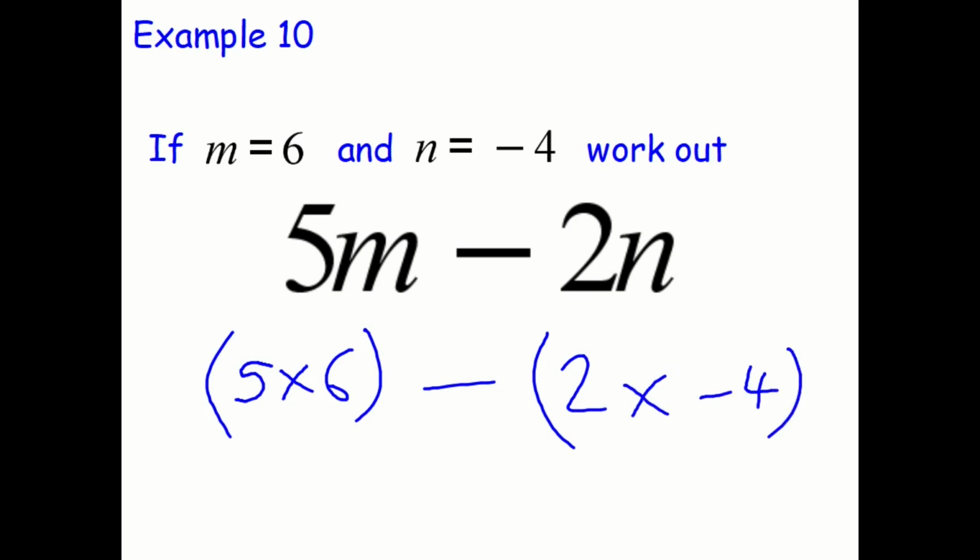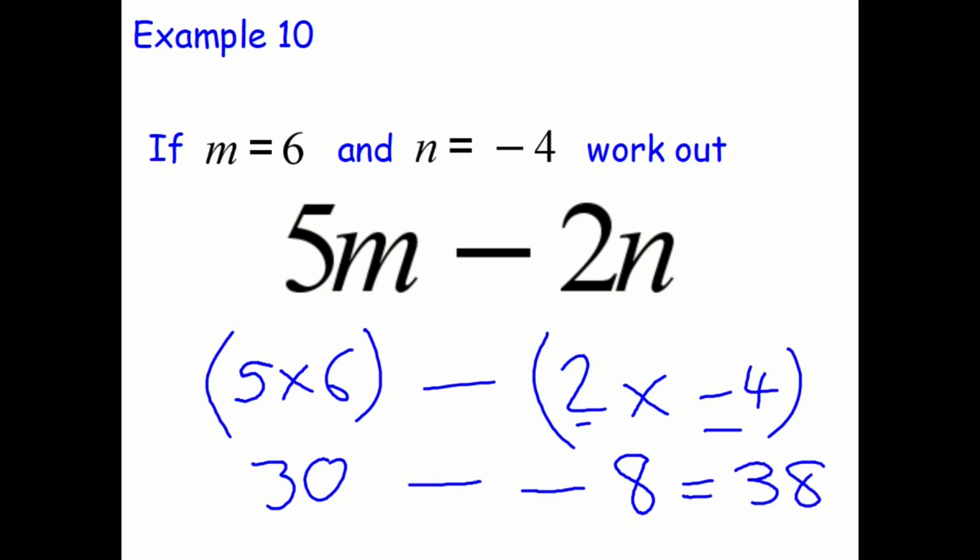Now it's really important that you are really careful here, because this is a minus and then minus a negative number. 2 multiplied by minus 4 is minus 8, and you're doing 30 minus minus 8, which is positive 38, because these two minuses next door to each other like that make a plus. So this becomes 30 plus 8, which is 38.